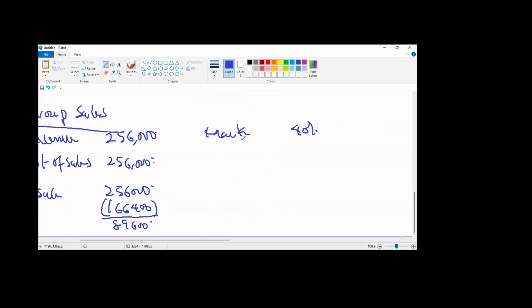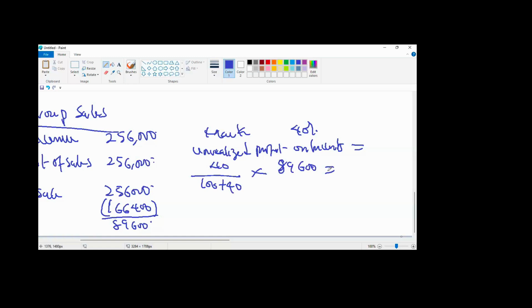If it is 40% markup, unrealized profit on inventory equals 40 over 100 plus 40, because it's a markup, times unsold. That's all.